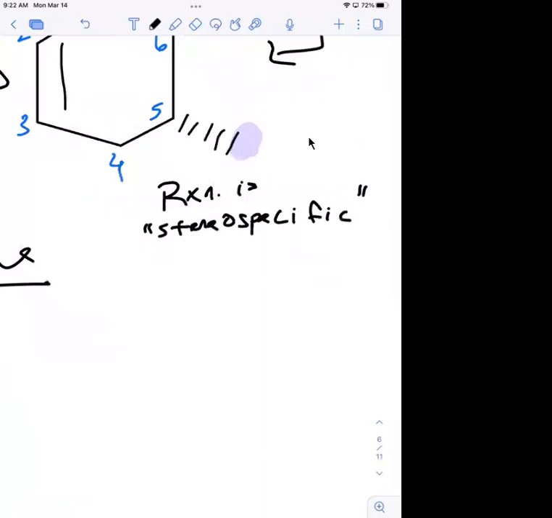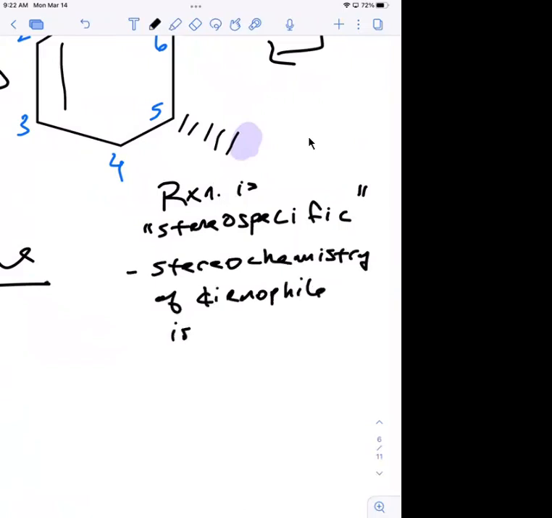So stereospecific. What that means is that the stereochemistry of the dienophile is maintained in the product.